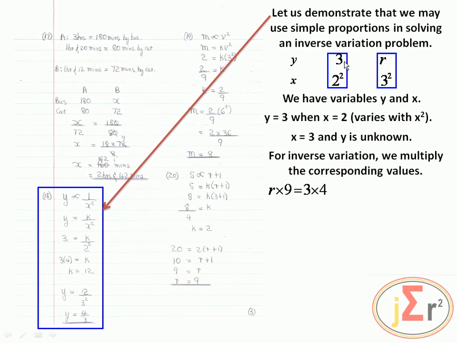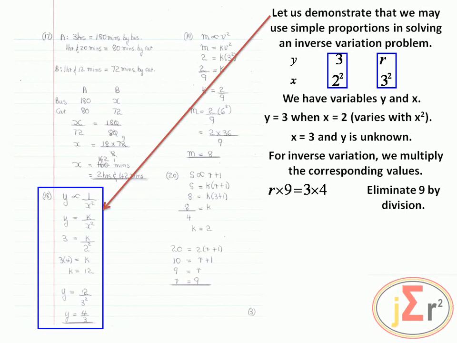And we multiply 3 and 2 squared. 2 squared is equal to 4. When we did direct variation, we divided. Now we are multiplying. Why is this so? Surely we will have to take a look at the reason for that by the time that we are through. Eliminate 9 by division.